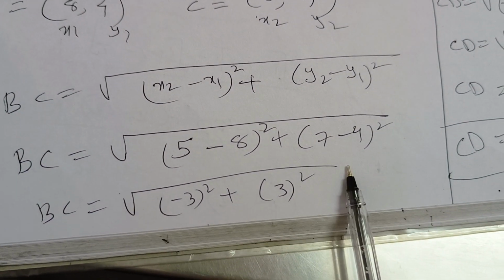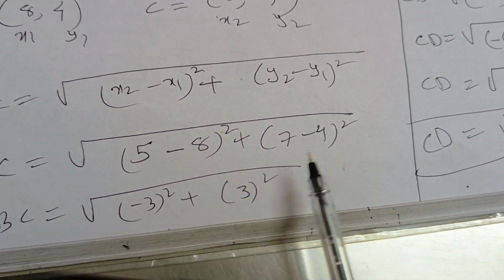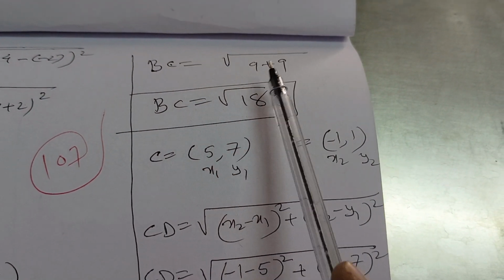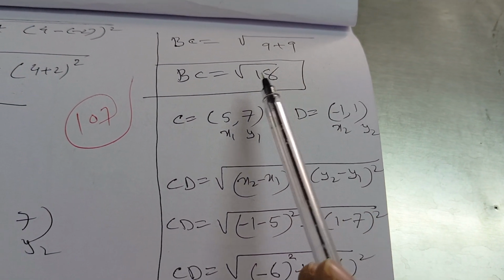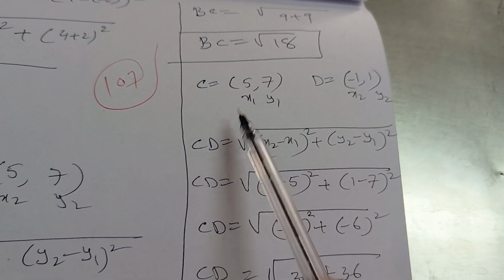The difference between these two terms is minus 3 whole square, and here it is plus 3 whole square. So BC is equal to square root of 9 plus 9, which is equal to 18. BC is equal to square root of 18.